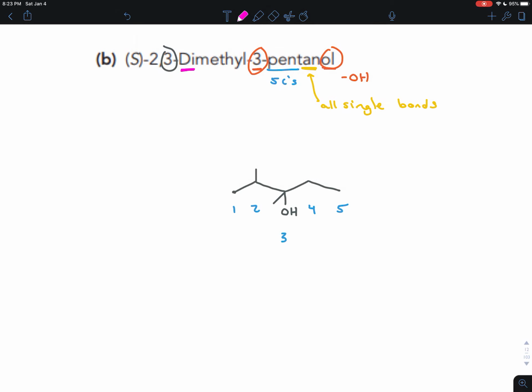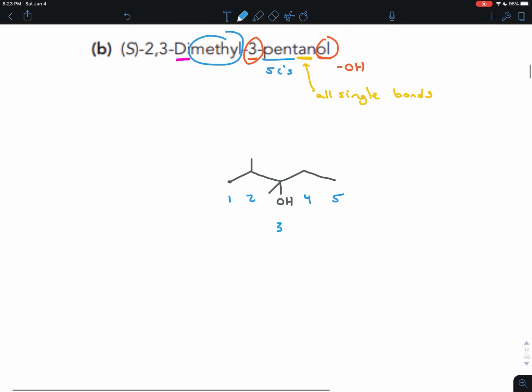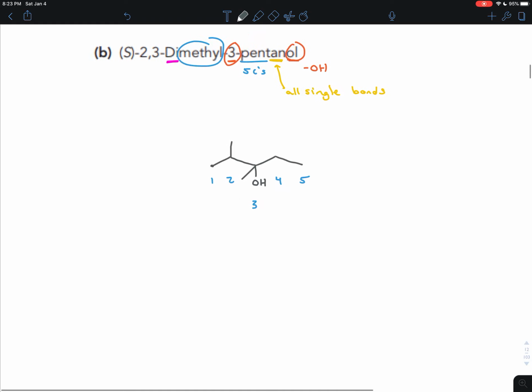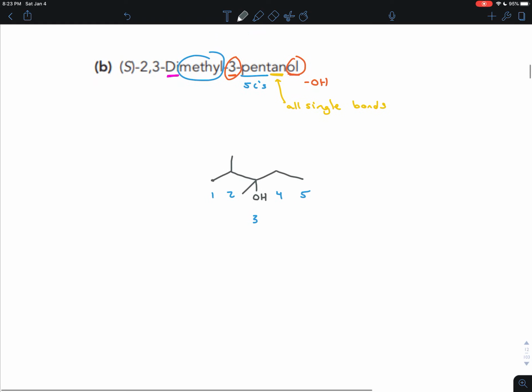We can see that with this prefix here. And the type of branch that they are is a methyl branch. Now remember, meth is the prefix for just 1 carbon. And so we're only going to have 1 carbon in these branches. Now that would be 2,3-dimethyl-3-pentanol.